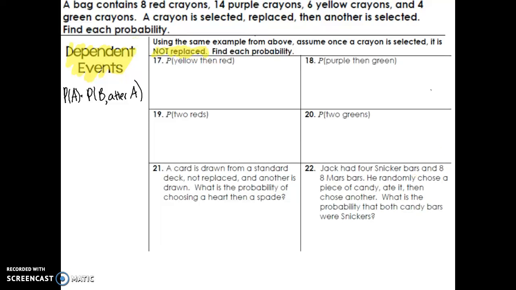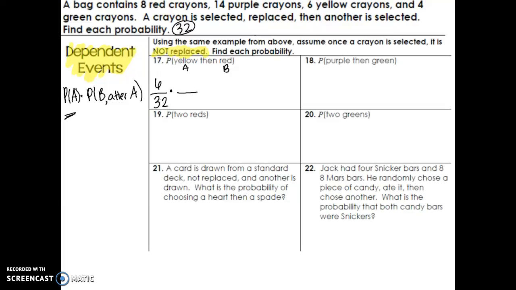So here we have my P of yellow, then red. Of course, please keep A and B in the order that they tell you. That does matter eventually. So the probability of yellow, that's going to be 6 out of 32. We leave A alone, remember? P of A, leave that alone. Just 32 crayons. However, we keep one of those yellow ones.